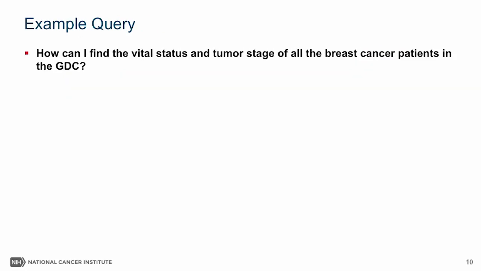Using the ideas I have mentioned before, we can start to take questions and turn them into an API request. For example, the question, how can I find the vital status and tumor stage of all breast cancer patients in the GDC, can be made into a simple URL that can be used to bring back this information. Firstly, you can see we've chosen to use the cases endpoint because we are interested in returning information about specific patients.